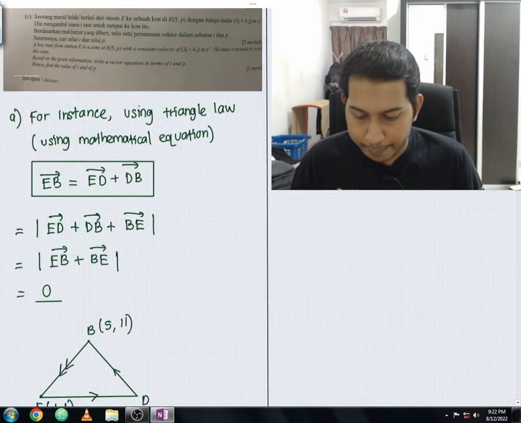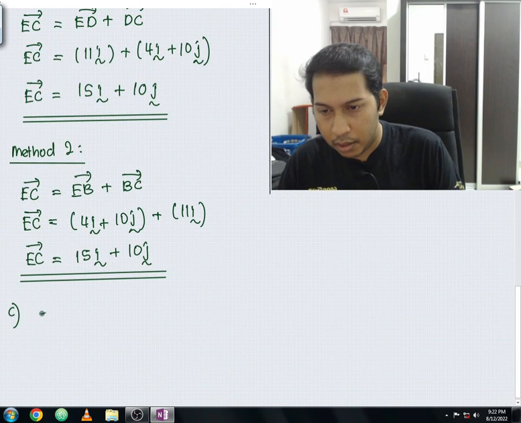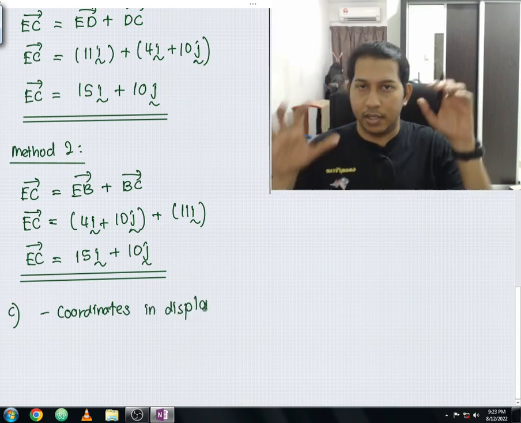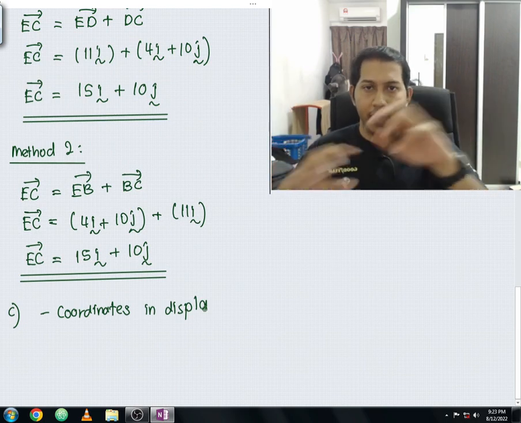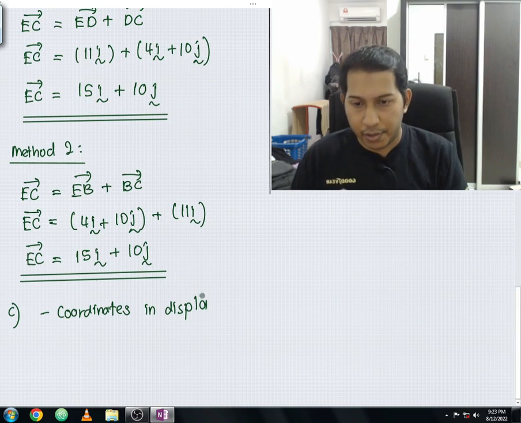One thing you need to take note of: the coordinates are in displacement, not vector, guys. So you cannot just straight away use the method that we used for part B and subtract. No. Here you need to be extra careful.